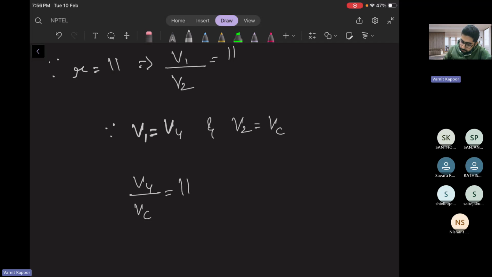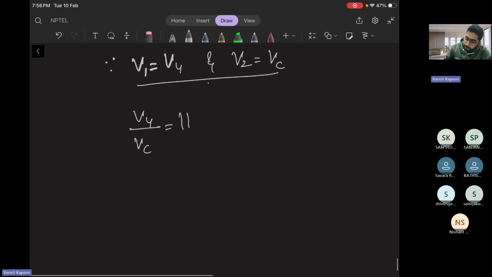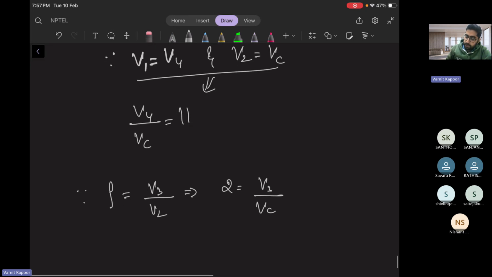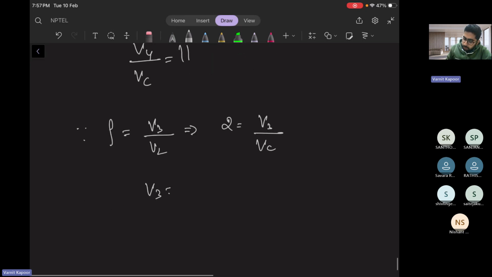Also, since we know that the cutoff ratio is nothing but V3 by V2, we also have V3 by Vc, since Vc is V2. So V3 is equal to 2 times Vc.